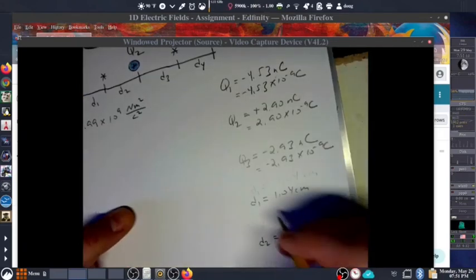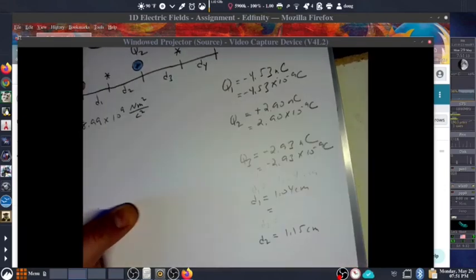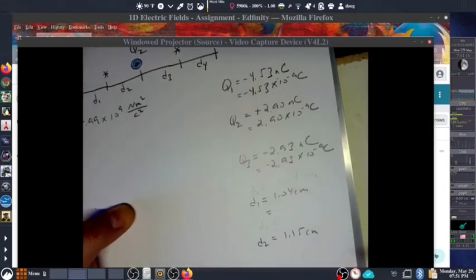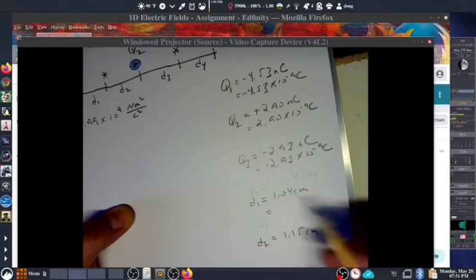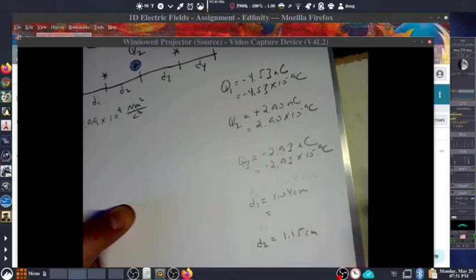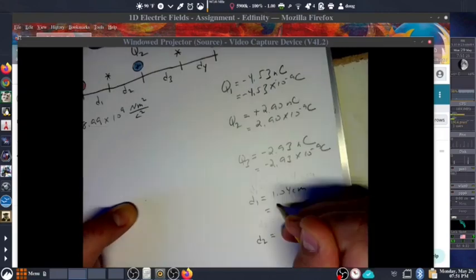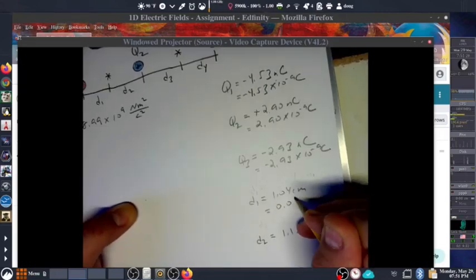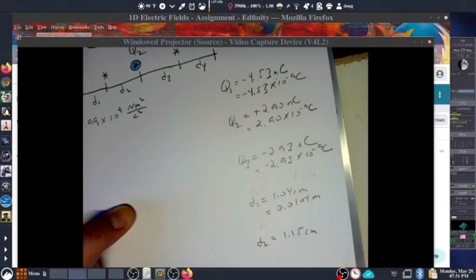Okay, and then for the distances, there are a couple of ways you can convert them. What I'm going to do is, centi means I want to move the decimal to make a smaller number, so I move it over two places. So this would be 0.0104 meters.